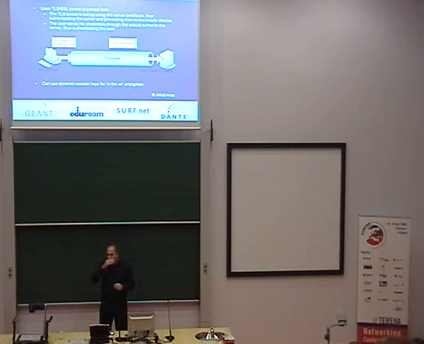The problem there is that you have to roll out end-user certificates, and as far as I know, most NRENs in Europe have not been able to do that. I just heard that in South America they are able to roll out end-user certificates, so there they might take another approach. But for us it has throughout the years been very hard to get end-user certificates deployed.